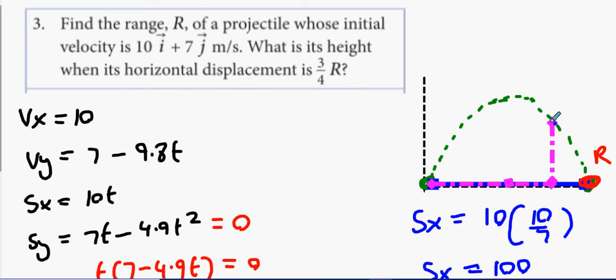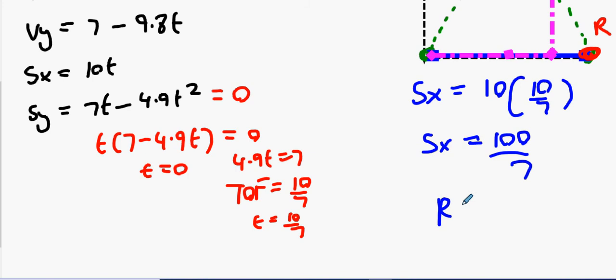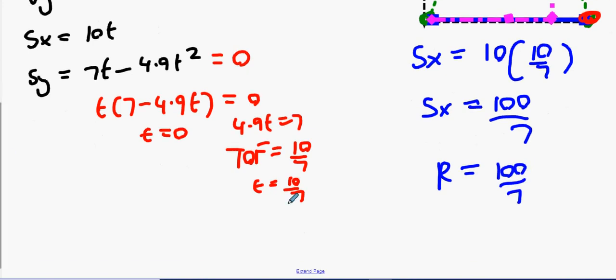So what I'm actually looking for is the height above ground at this point here. So, 3/4 of R. I can find 3/4 of R, can't I? Because I know R is 100 over 7. So that'll be 3/4 of that, and 3/4 of 100 is 75, so 75 over 7.